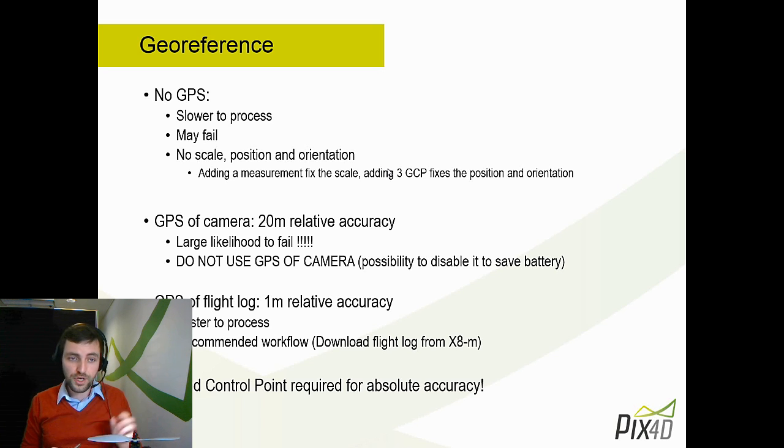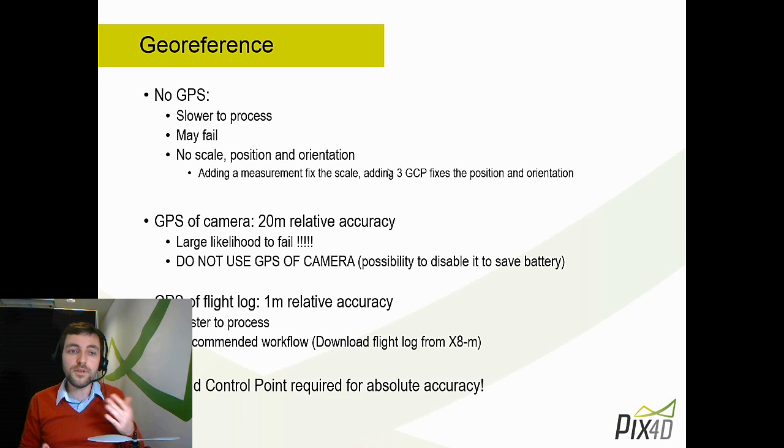We do not recommend not inputting any GPS when starting the processing, for a few reasons. The software is going to work, right? The software does not require GPS, but we do not recommend it because it's going to be slower to process. You have more likelihood that it fails during the processing. Plus, at the end, your automosaic will have no scale, position, and orientation.